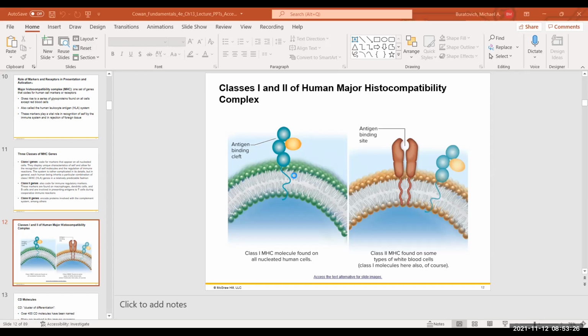So some are good immunogens if they have lots of variety in their structure. The more repetitive you are, the less effective you are as an antigen. And you usually have to be a certain size. The bigger you are, the better an antigen you are, and we'll see why in just a bit.